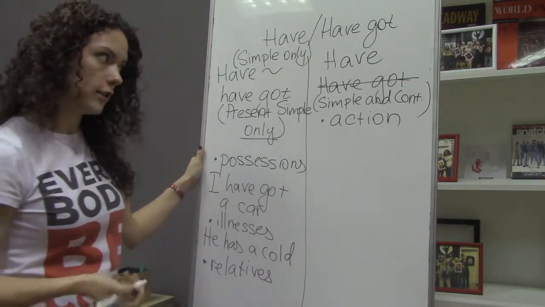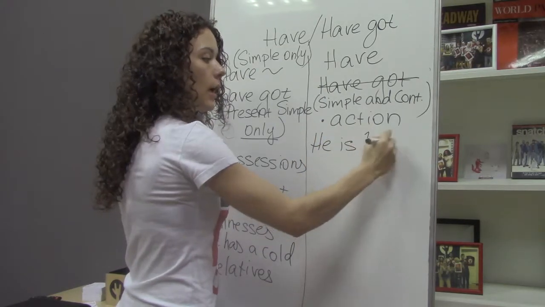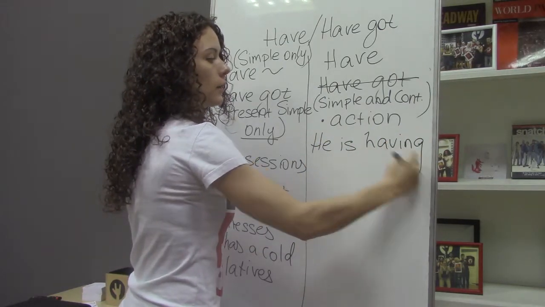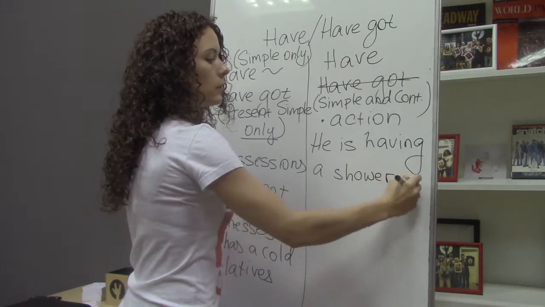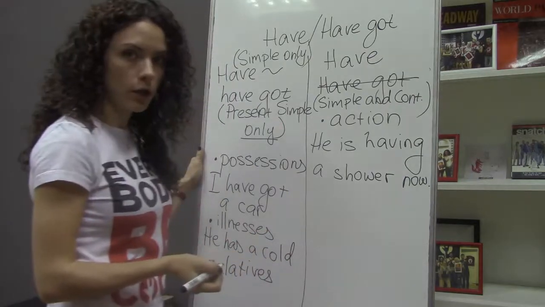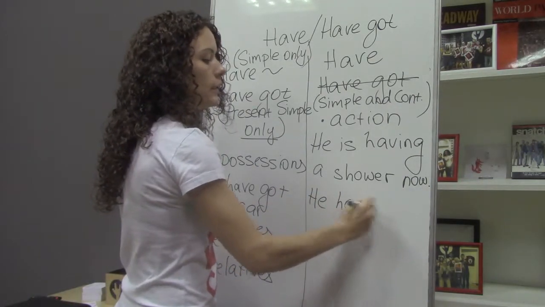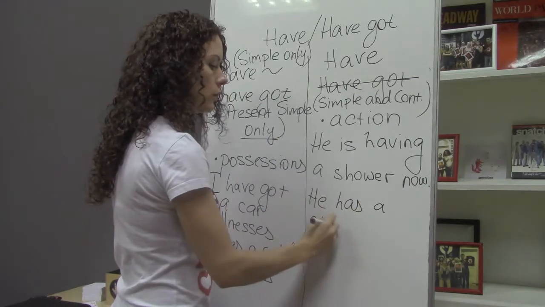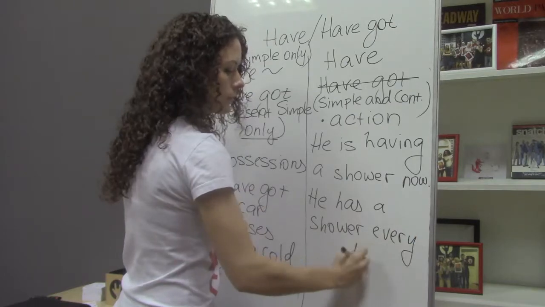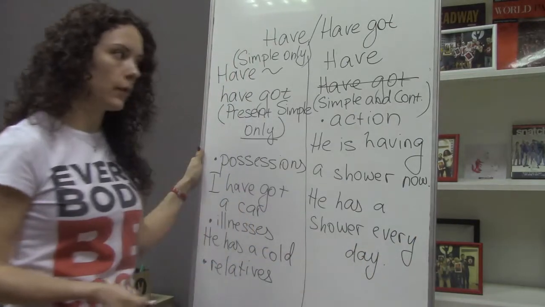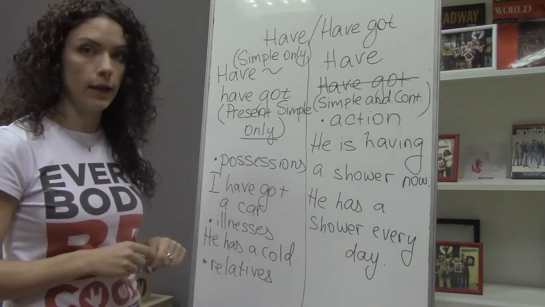For example, he is having a shower now. But you can also say he has a shower every day. There you go. So that's the basic difference between have and have got.